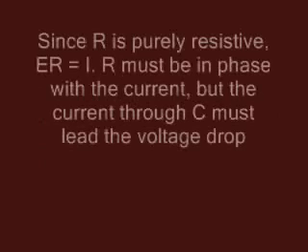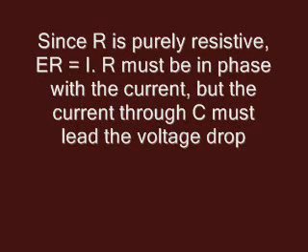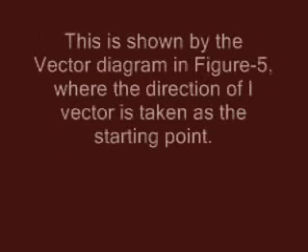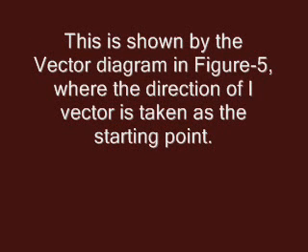It may be to any convenient scale since there is no connection between the voltage and current scale. Since R is purely resistive, ER equal to I into R must be in phase with the current. But the current through the capacitor must lead the voltage drop by 90 degrees. This is shown by the vector diagram in the figure, where the direction of the current vector is taken as the starting point.